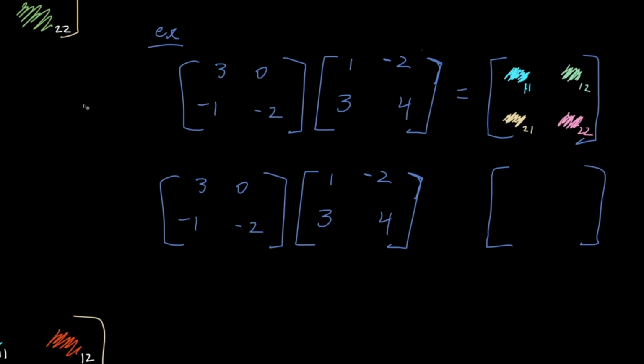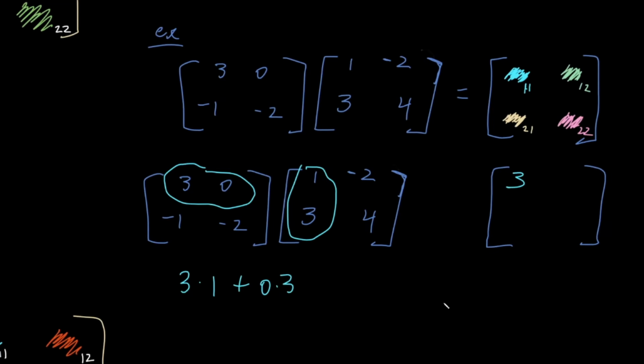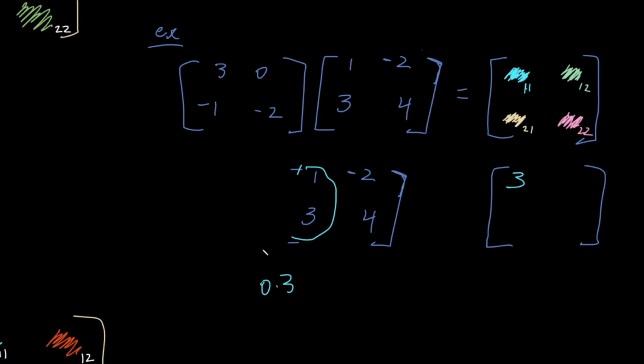So this is cyan. So I get 3, 0, and 1, 3. So it's 3 times 1 plus 0 times 3. Well, that's just 3. Now, wait, let's not do that.